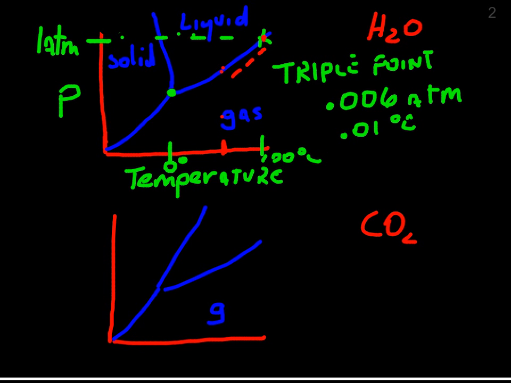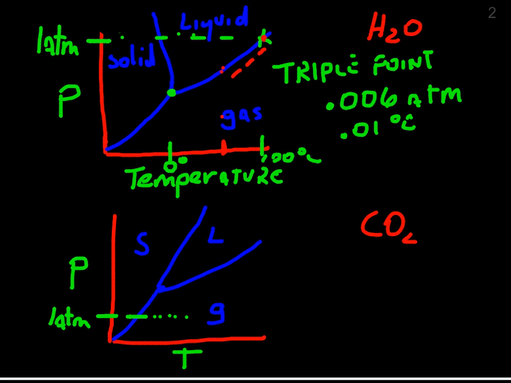Here I have a gas. Here I have a liquid. Here I have a solid. Okay. Again, pressure is on the y. Temperature is on the x. And it looks very similar, but what is different is the points at which the phase changes are going to take place. For example, if I'm talking 1 atmosphere, down here, 1 atm, CO2, when it heats up, is just going to go directly into the gas phase.